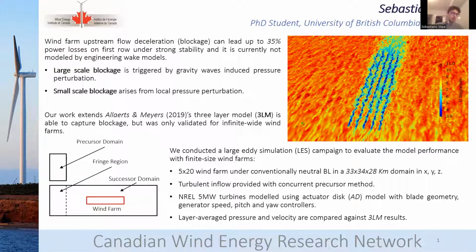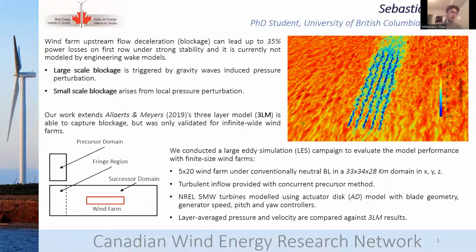In this precursor simulation there are no wind turbines, and that is needed in order to apply a source term for a certain distance at the inlet of the main simulation where the wind turbines are modeled. This source term removes the wind farm wakes from being recycled from the outlet to the inlet, because we use periodic boundary conditions, and also brings the flow back to the correct turbulence level at the inflow of the domain.